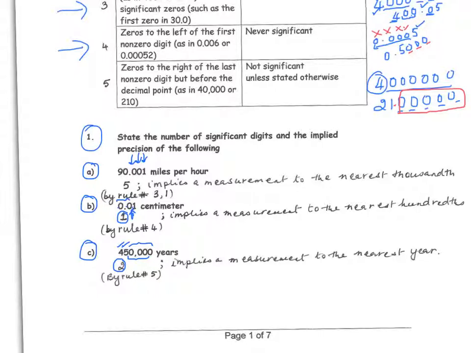Now, this year implies a measurement to the nearest 10,000 years. The 4 zeros at the end indicate that we're counting in 10,000s. So it implies a measurement to the nearest 10,000 years.